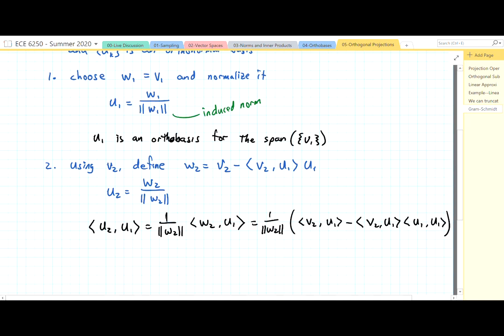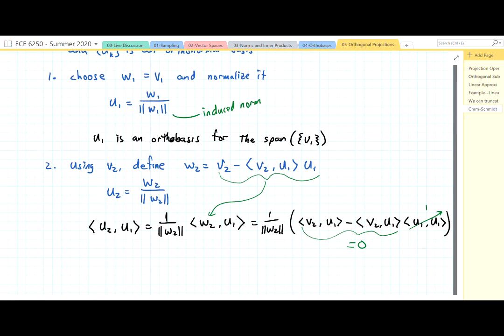We substituted in that for that, expanded it out, and we know that that's equal to 1. So we have v2 projected, v2 comma u1 minus v2 comma u1. So that is equal to 0.